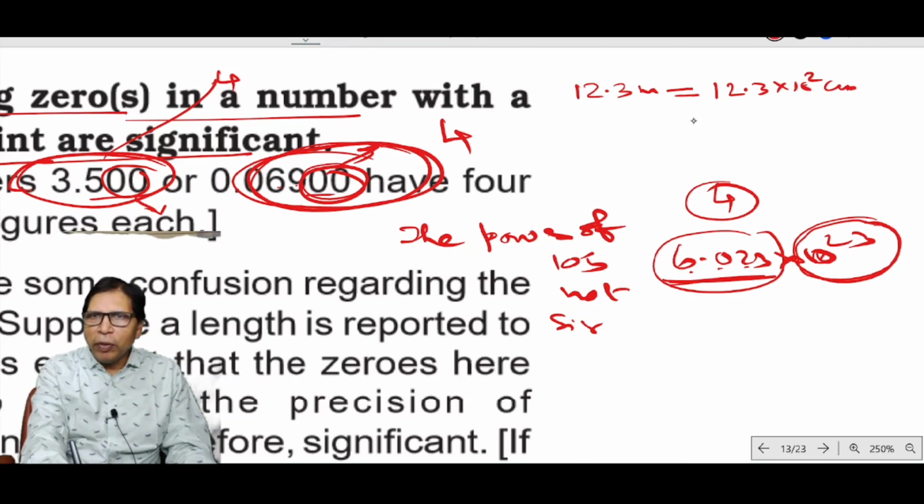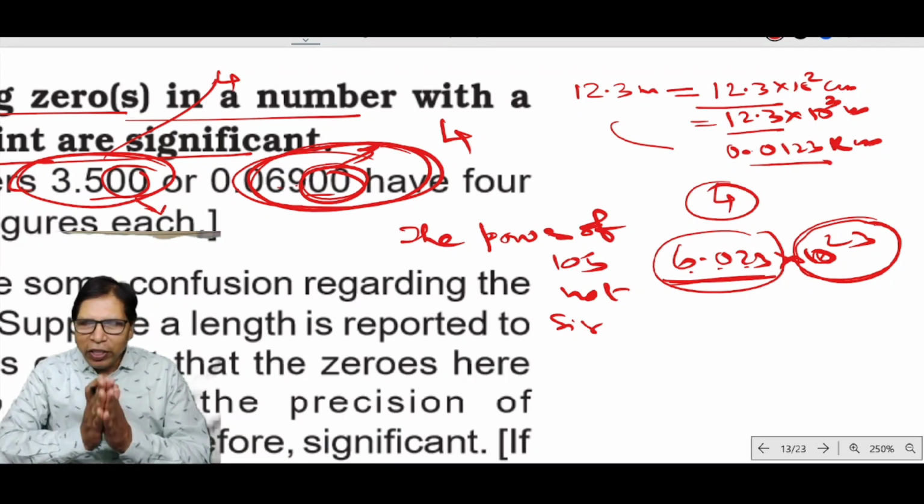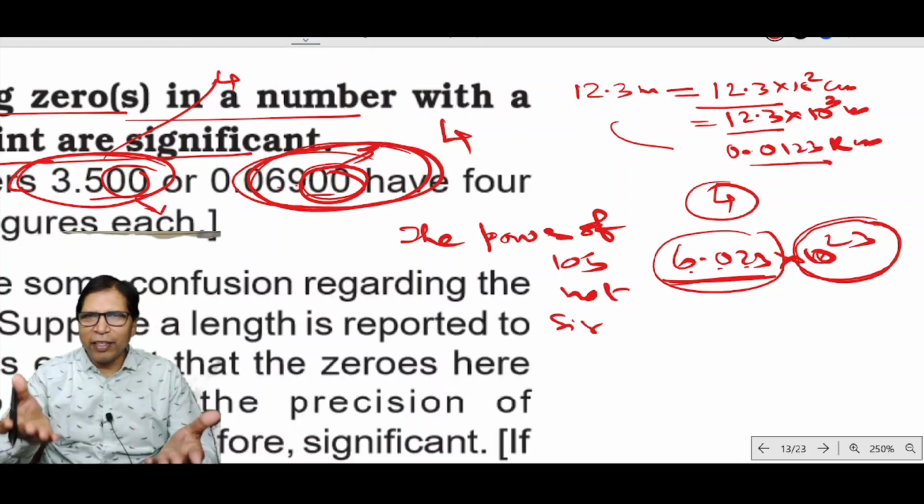If it is converted to millimeter, it can be written as 1.23 into 10 to the power 3 millimeter. If it is converted to kilometer, it becomes 0.00123 kilometer. So in each case, the number of significant figures remains the same. So in unit conversion, the number of significant figures remains the same.